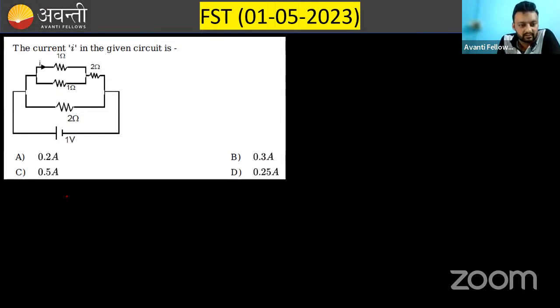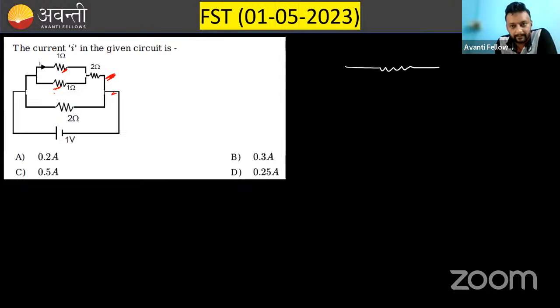This 1 ohm and this 1 ohm are both in parallel, and they are in series with this 2 ohm resistor, and this complete combination is again in series with a 2 ohm resistor. So by using series parallel combination, you can get every current you want. But now I will describe a different method. Knowing this method is also very important. So try to learn this.